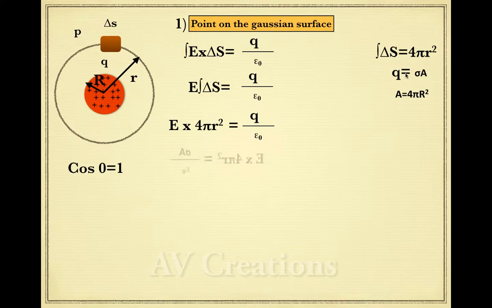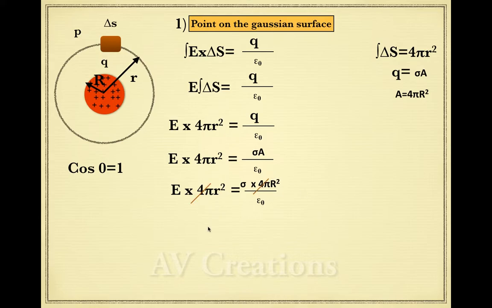Now we are changing the value of q. Q is equal to sigma A. So we can write E into 4 pi r square equal to sigma A upon epsilon 0. A is the area of the shell, so the expression for A is 4 pi r square. So E into 4 pi r square equal to sigma into 4 pi r square upon epsilon 0.